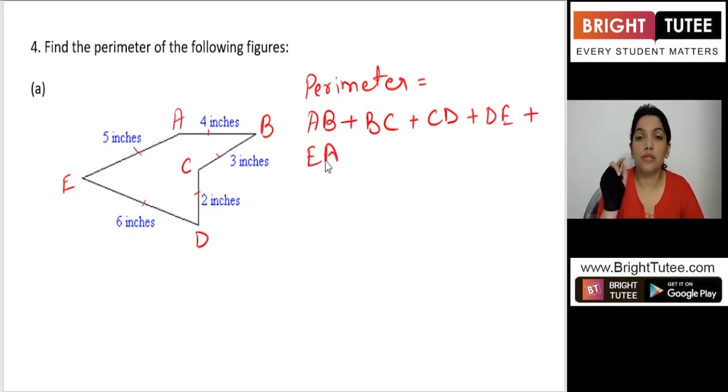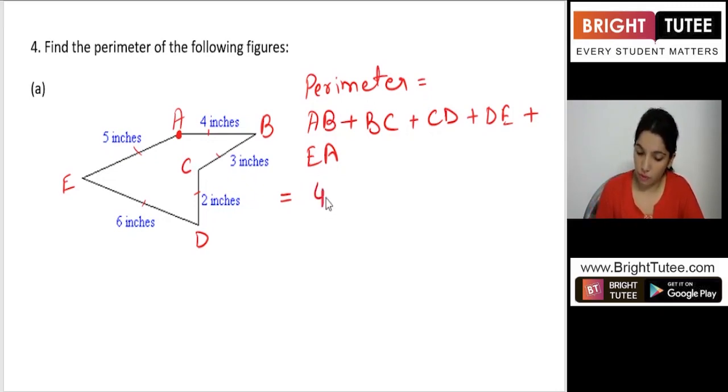Now I want you to see this carefully. We start from a particular point and we must come back to that particular point after going around the whole shape along its boundary, and make sure that you don't leave any of the line segments unattended. Okay. Now let us write what is the value given to each of them. This shape that you have seen in front of you has got all the sides measured in inches, right?